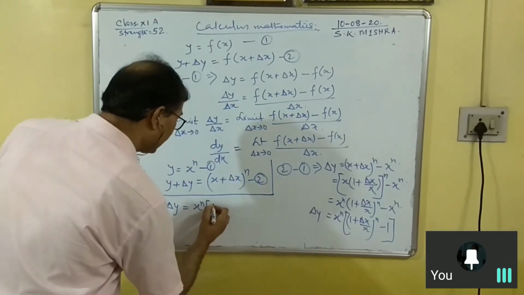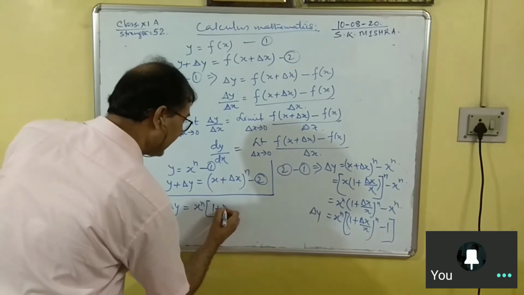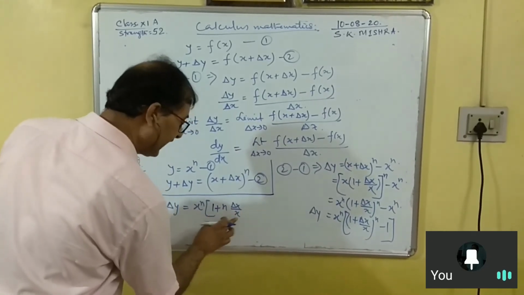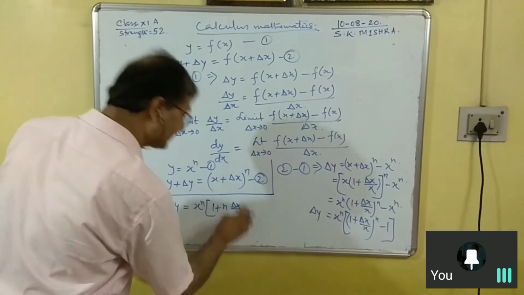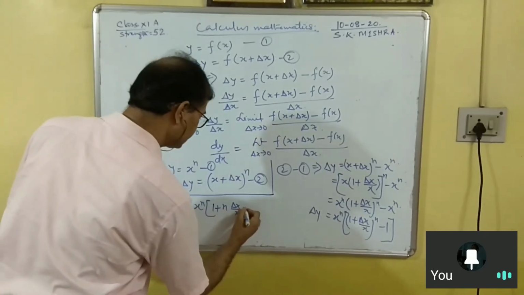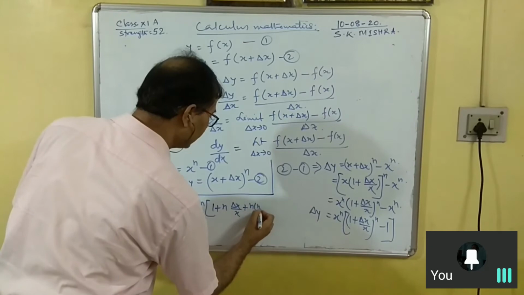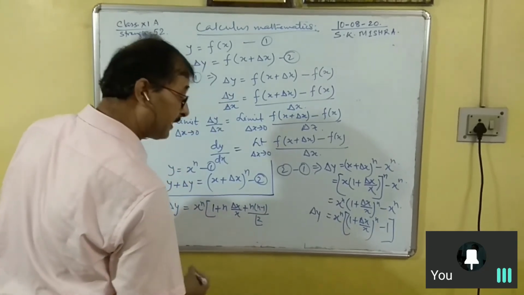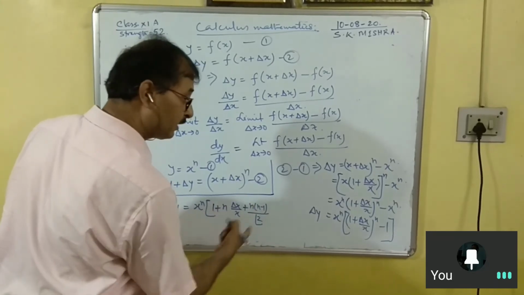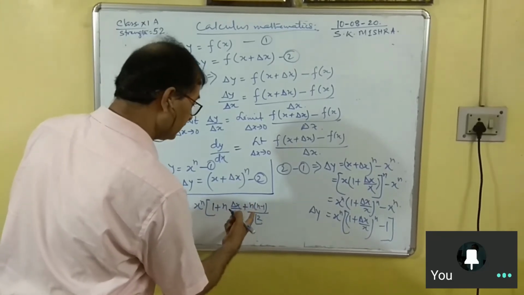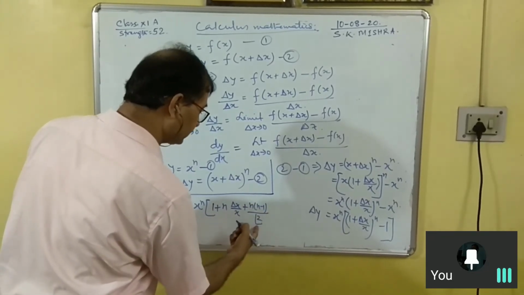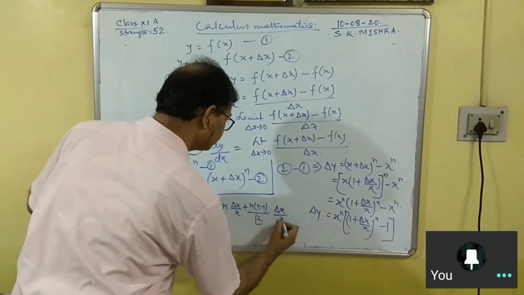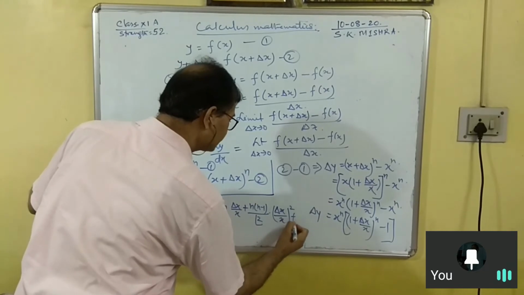So the formula is 1 plus n del x by x, plus n into n minus 1 by factorial 2 into del x by x whole square, plus other terms.